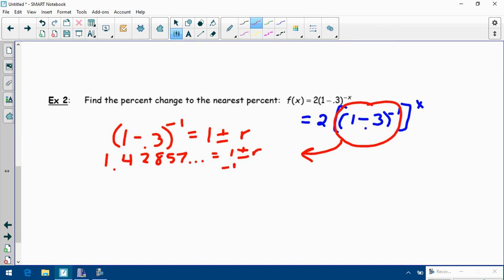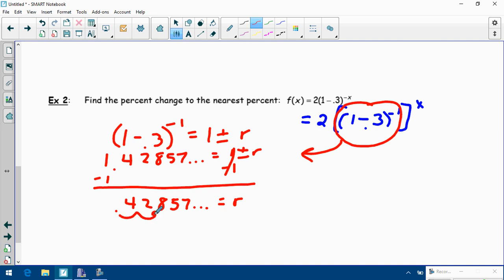We subtract 1 from both sides. It's going to give me 0.42857 and so on equals r. And I want it to the nearest percent. Move that decimal place 2 to the right. It'd be 42.8. So r is about equal to 43%. We got a 43% change.